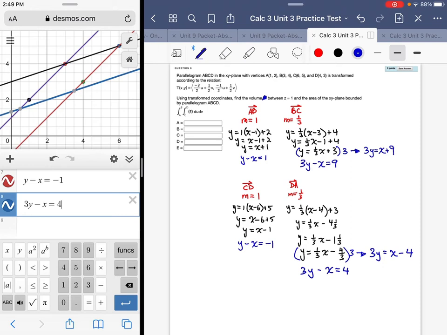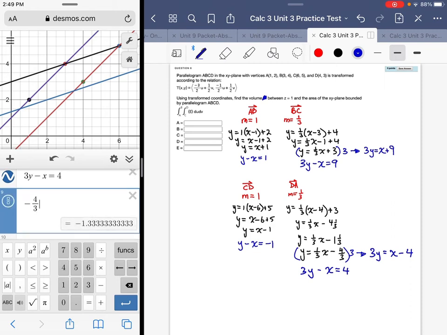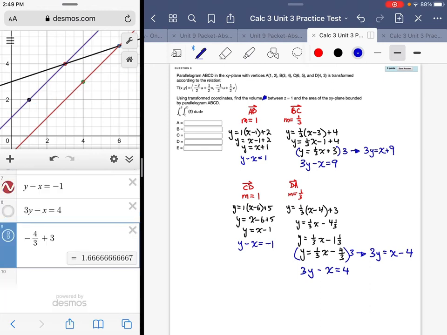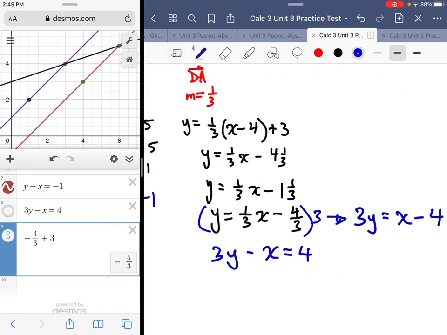All right, so let me just take a quick look. Just going to do that real quick. -4/3 plus 3. Oh, okay, yeah. Little snafu on that one. That should have been 5/3.